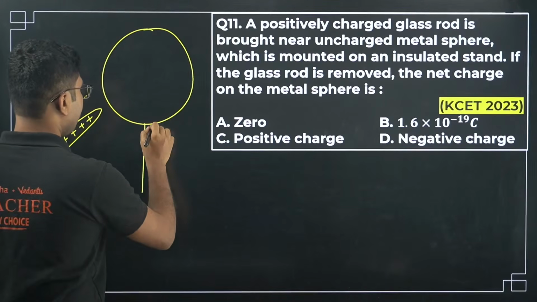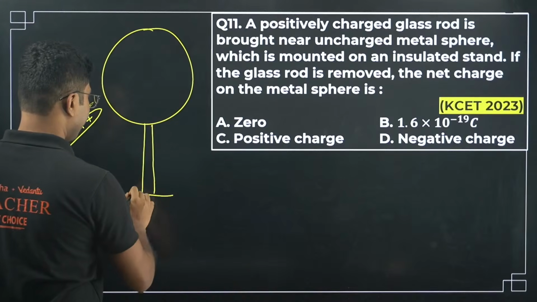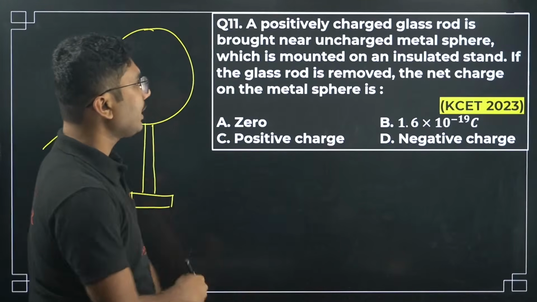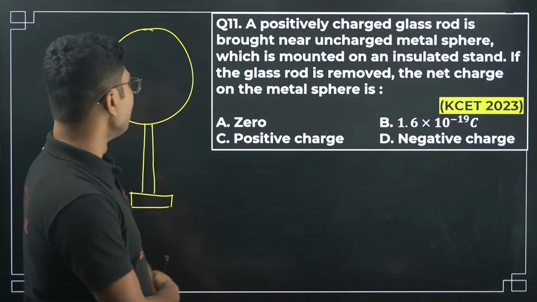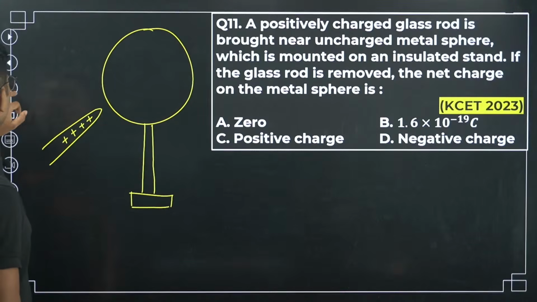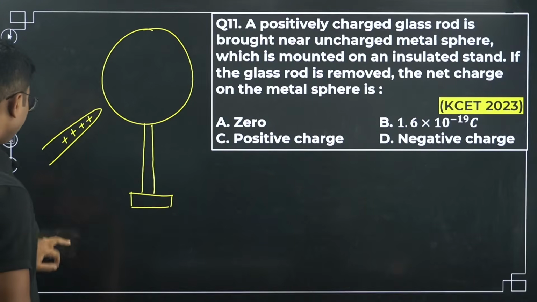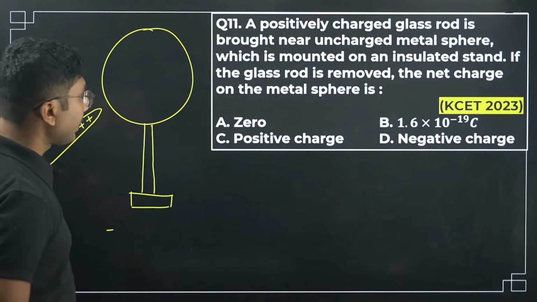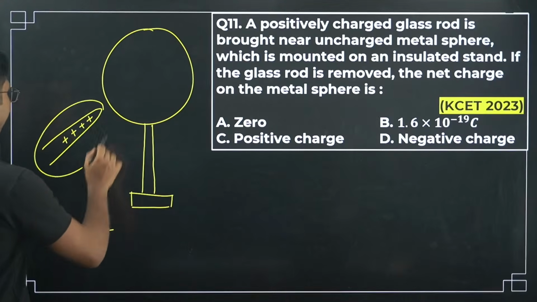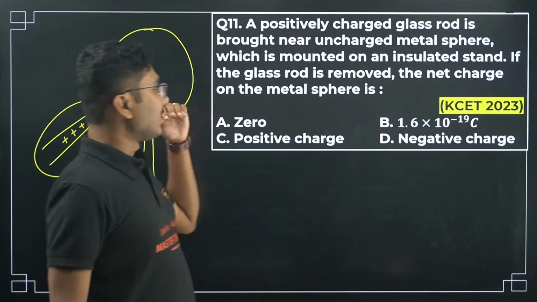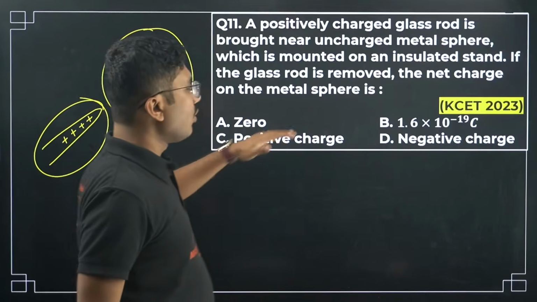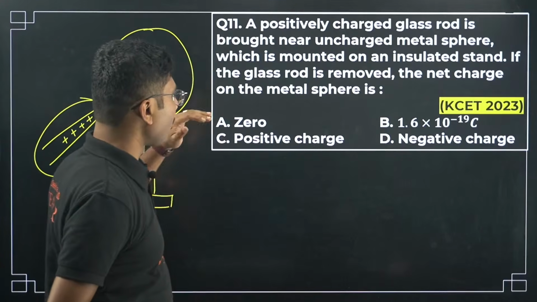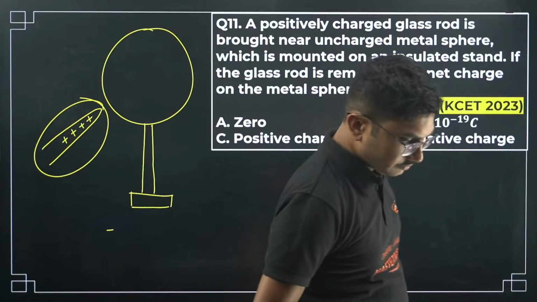If the glass rod is removed, then what will happen? You take out this glass rod, then the net charge on the metal sphere is: 0, 1.6 into 10 to the power minus 19, positive charge or negative charge.